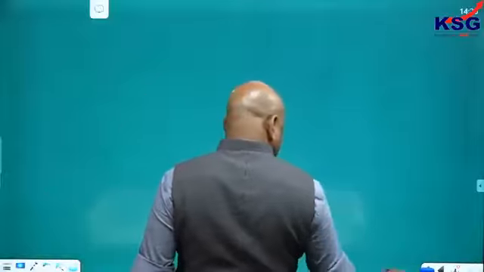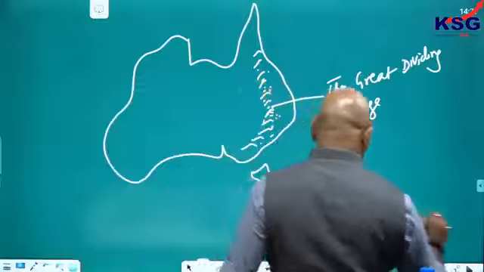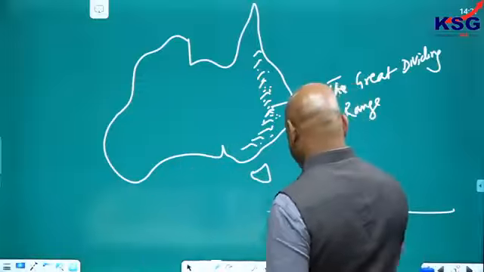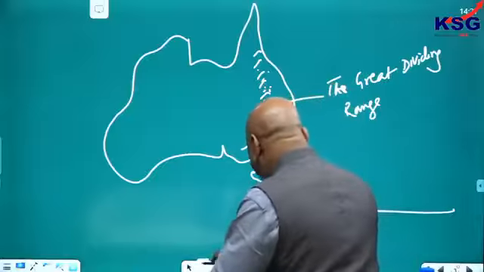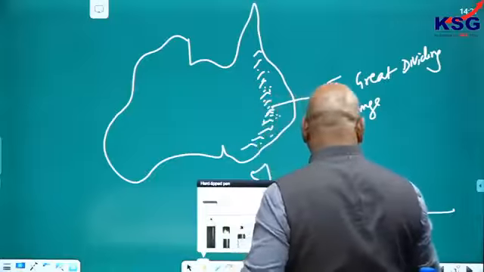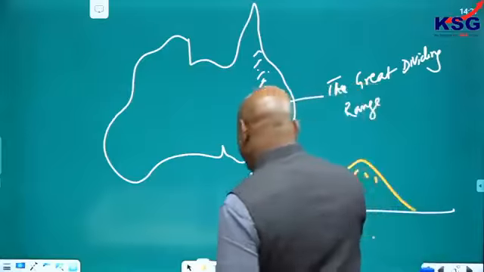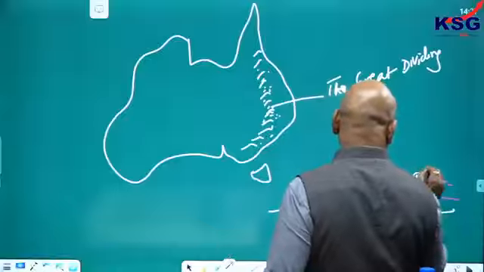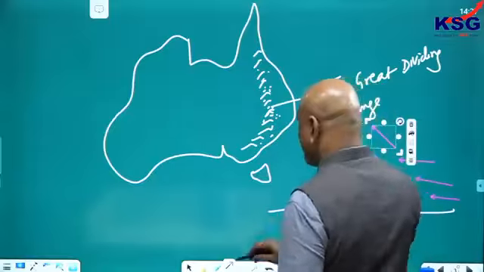What is a rain shadow area? Let me tell you here. If this is the mountain here, and wind is blowing from this side, this wind will go up.